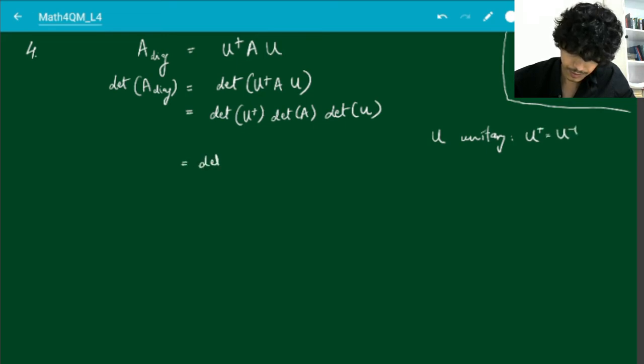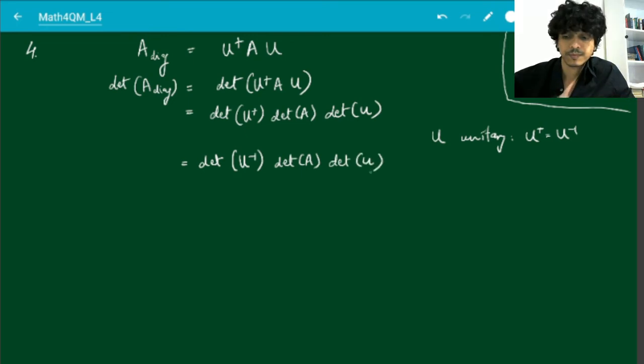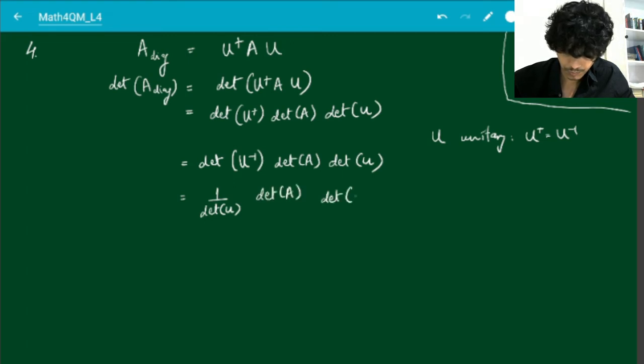So I can write the determinant of U inverse, but the determinant of U inverse is just 1 over the determinant of U. So these cancel.